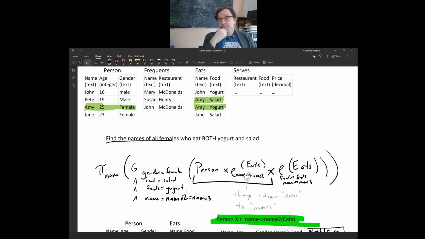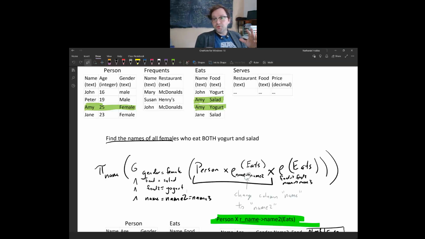So one way to do this is to cross-multiply more. First of all, you need to mix, if you like, the person relation and the eats relation, because the person relation has names and genders, and the eats relation relates names to the foods that they eat. So you need both of those. That's for the information part of it.